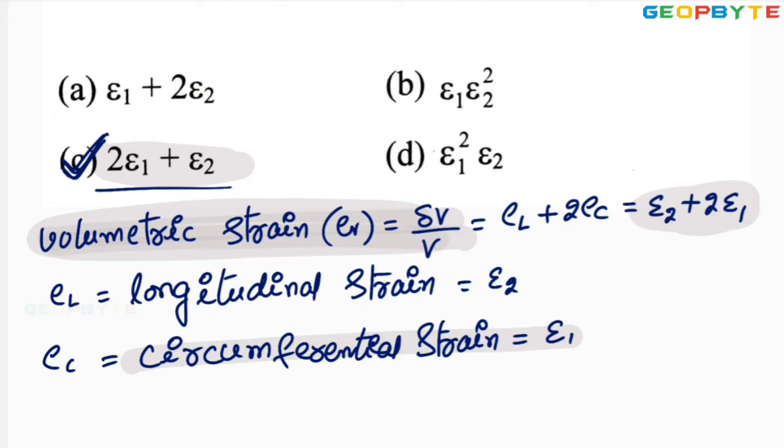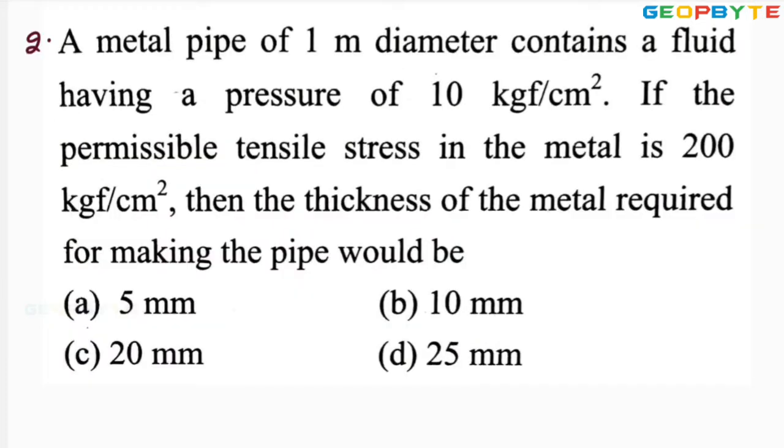Let us take the another problem. Look at the second problem. A metal pipe of 1 meter diameter. Here diameter of the pipe given 1 meter contains a fluid having a pressure of 10 kg force per cm square.